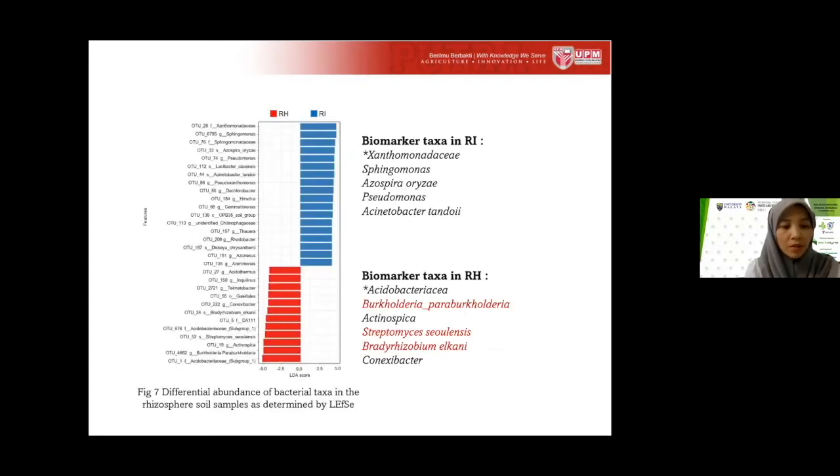All right, so considering the significant impact of Fusarium wilt on the community structure in the banana rhizosphere, specific bacterial species or genera are expected to be enriched or depleted, and based on the LFC conducted at the feature level, Acidobacteria and Xanthomonadaceae are the most dominant genera in the healthy rhizosphere and also infected rhizosphere soil.